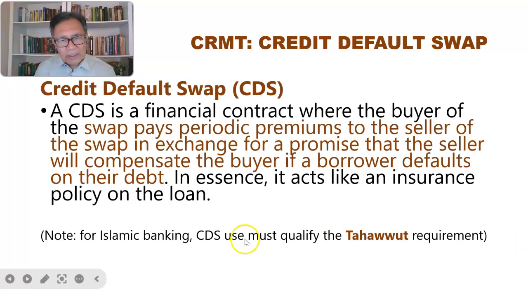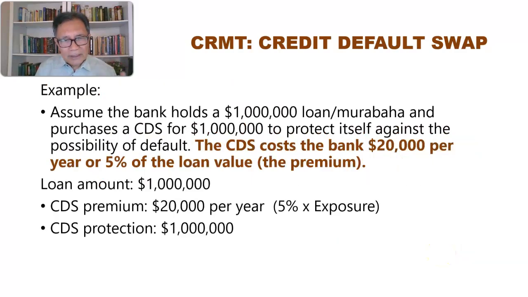And this is why for the Islamic application, the use of CDS must qualify the tahawud requirement, meaning that it can only be used if the bank has an existing exposure to protect itself from market volatility. But the way it is operated is very similar. Essentially, it works like an insurance policy.